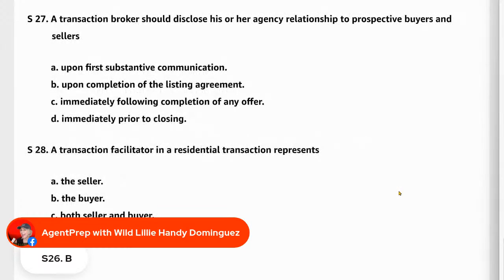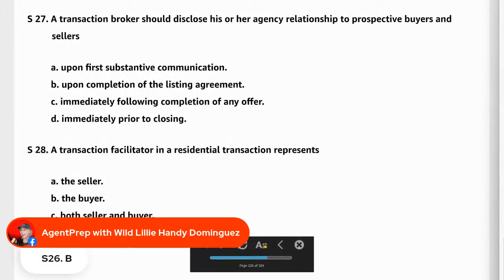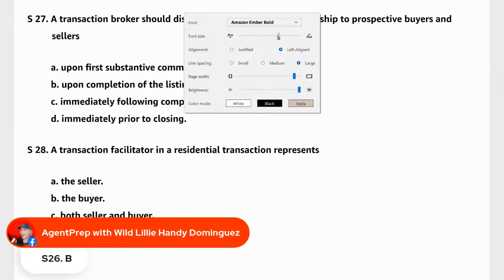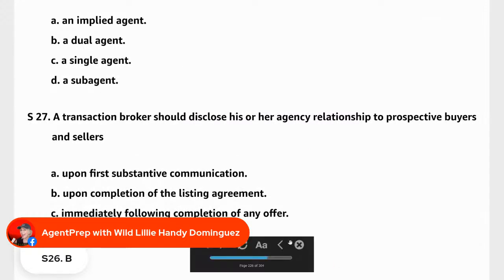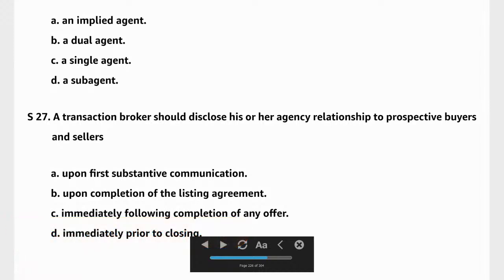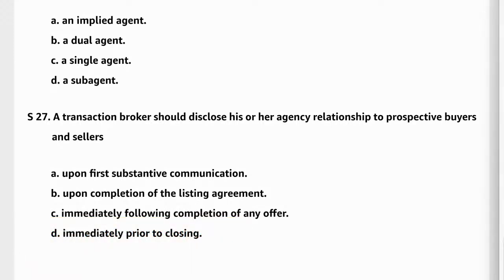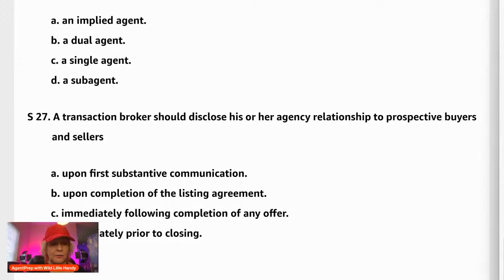All right, number 27. A transaction broker should disclose his or her agency relationship to prospective buyers and sellers.